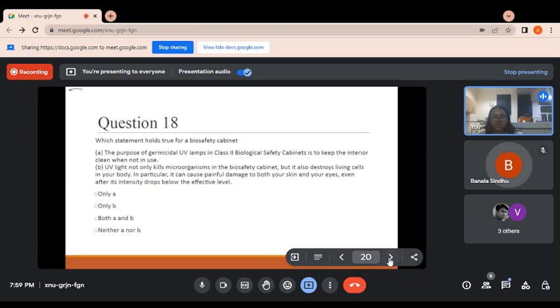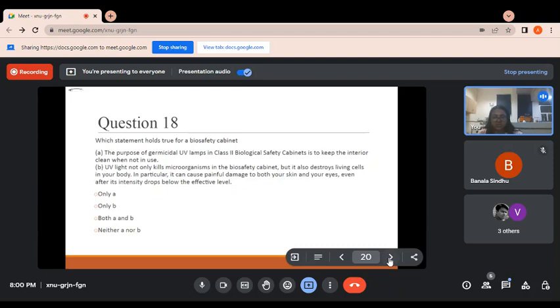And the second question, question number 18, is: which statement holds true for a biosafety cabinet? The first option is A: the purpose of a germicidal UV lamp in a class 2 biological safety cabinet is to keep the interior clean when not in use.